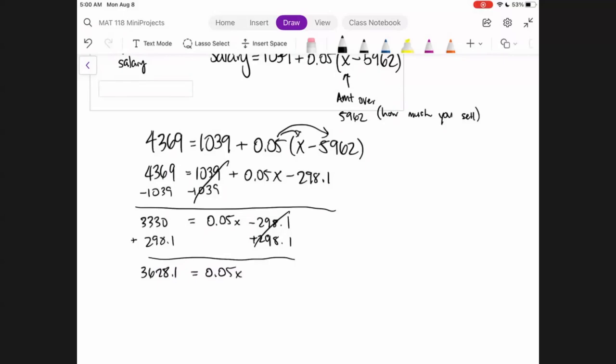And then I'm going to divide by the 0.05. So in the end, we get x is 72,562. So that's how much I need to sell. I need to sell quite a bit, 72,000, because remember, we're going to look at how much of that is over the 5,962 and then take 5% of that.